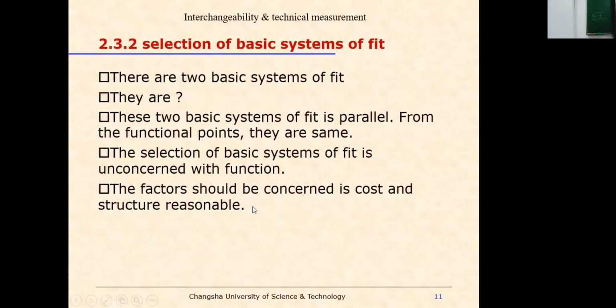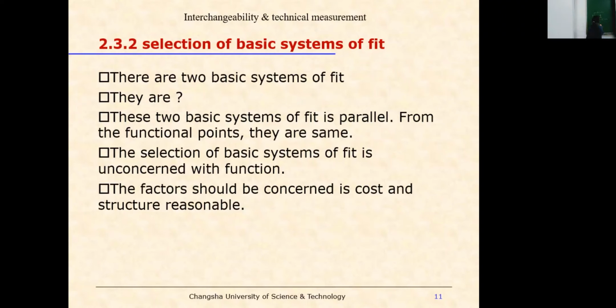These two basic systems of fit are parallel from the function point. They are the same. In the last class I gave you some examples to calculate the clearance and interference of the same lane, like H7 or H8.